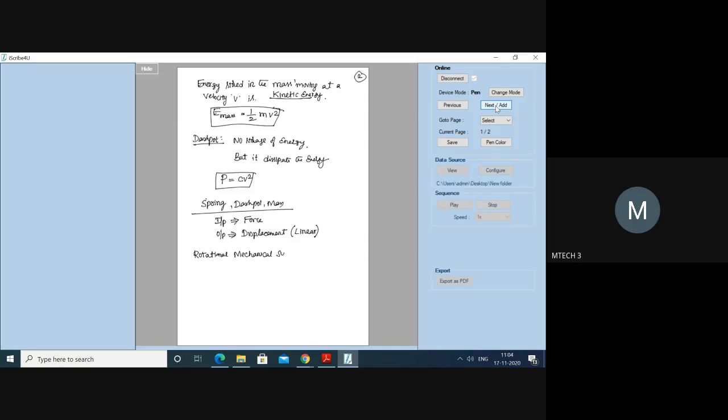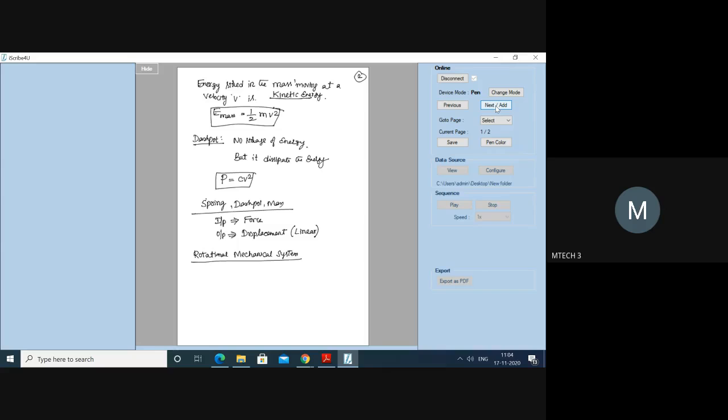Please remember this: spring, dashpot and mass are the basic building blocks for a mechanical system whenever there is going to be a linear displacement, without any rotation.